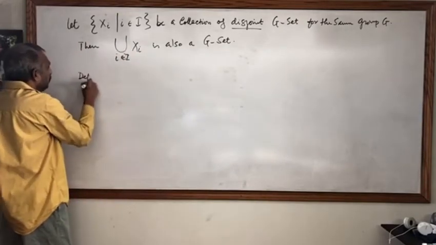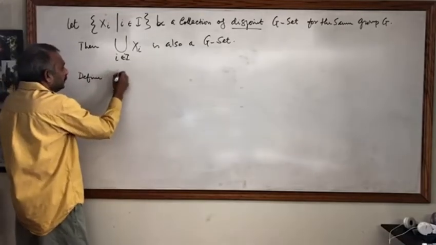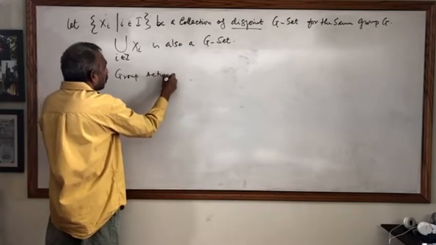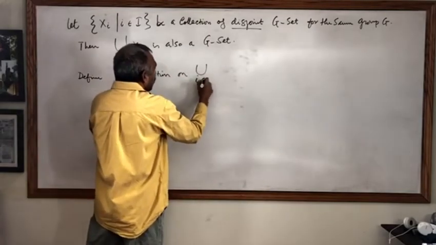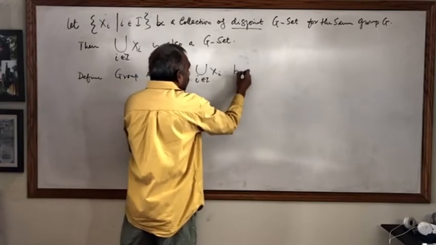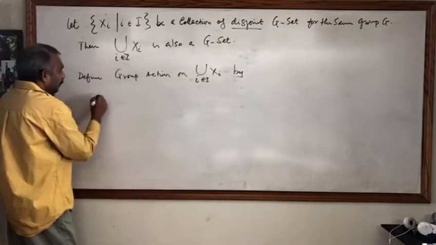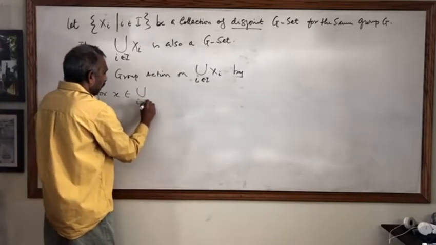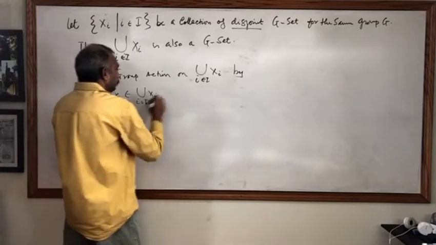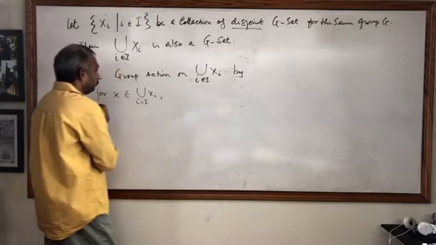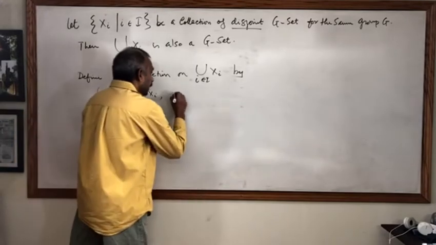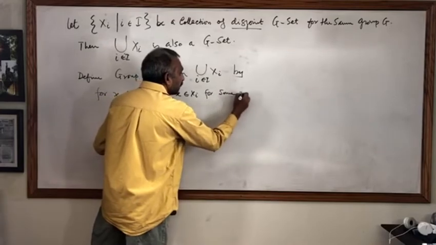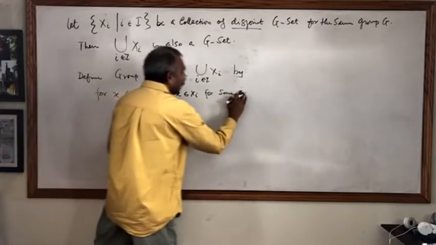So define a group action on the union of Xi by, for x belongs to the union over i of Xi, x belongs to Xi for some i.